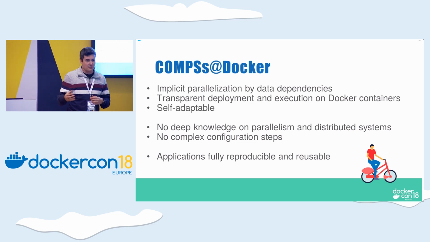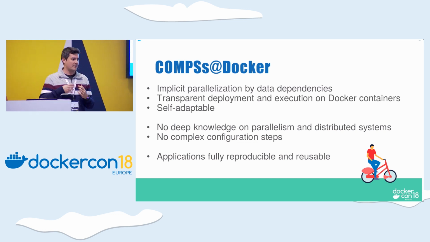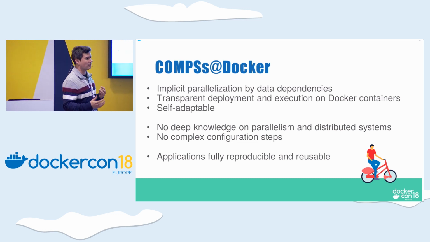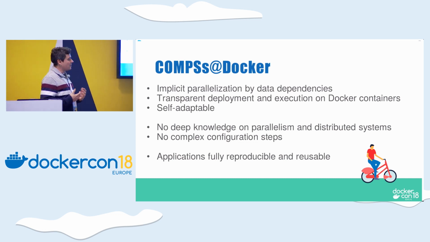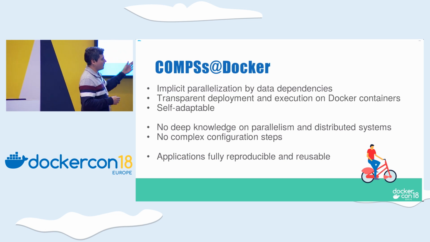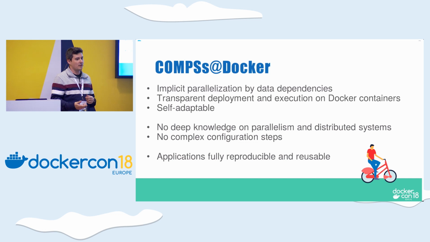And we have seen that this can be self-adaptable. Also, a scientist who does not have big knowledge of computer science can easily program their applications with no big knowledge of parallelism and distributed systems, and they don't need to care about the complex configuration steps they have to deal with in supercomputers.